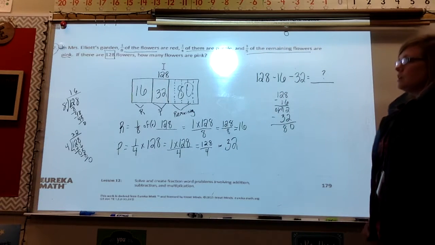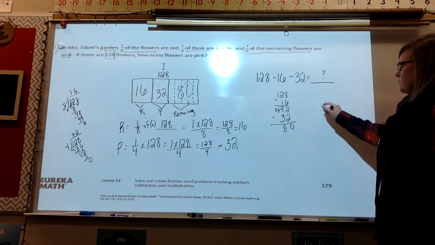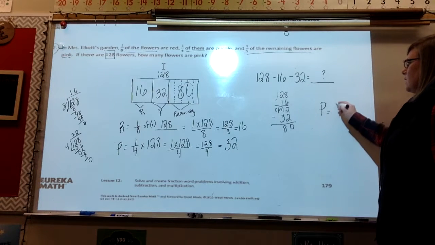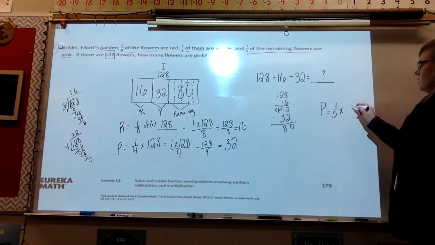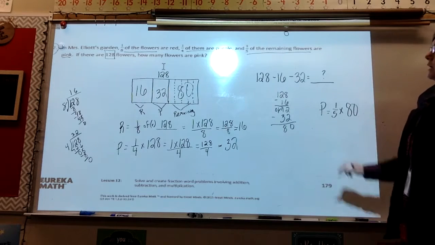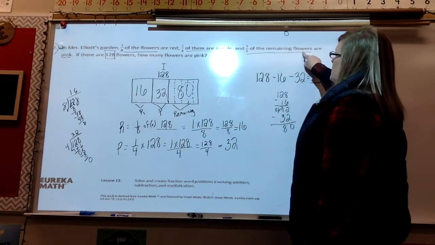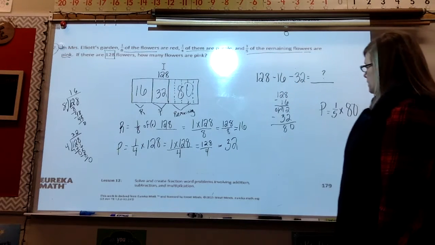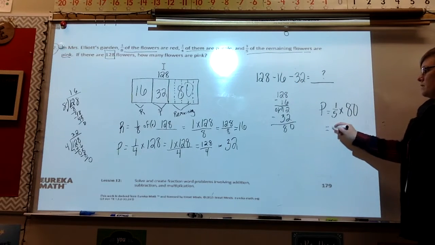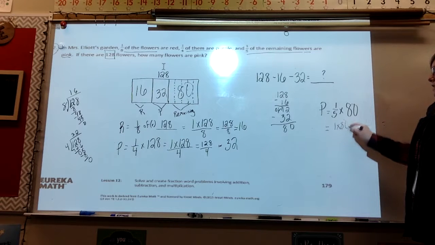So now I need to find 1/5 of the remaining. Not of the total, of the remaining, because it says 1/5 of the remaining. It doesn't say 1/5 of them are pink. So if I do 1/5 times 80, that's 1 times 80 divided by 5.